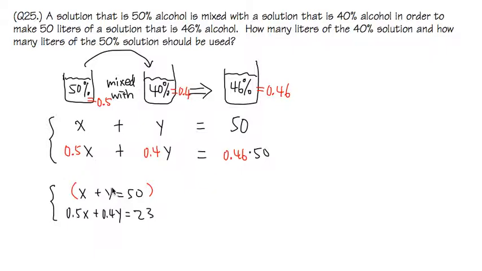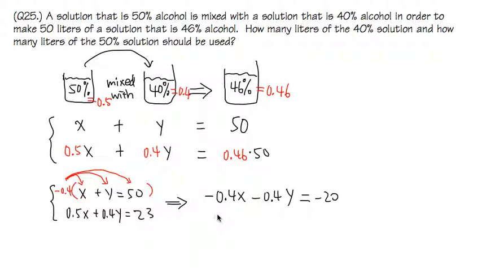So I will multiply everything, because this is 1, I want to match with 0.4. This is positive, this is also positive. I will multiply by negative 0.4 throughout the first equation. Make sure you distribute the negative 0.4 into everything inside of the parentheses. After we do that, on the top it will be negative 0.4x minus 0.4y equals negative 0.4 times 50, which is negative 20.